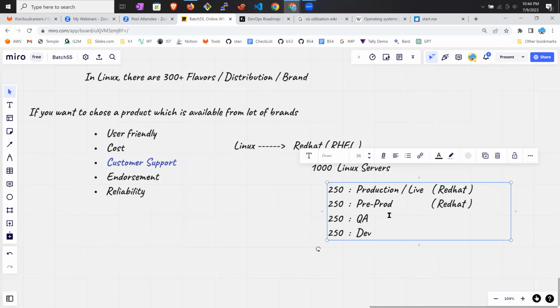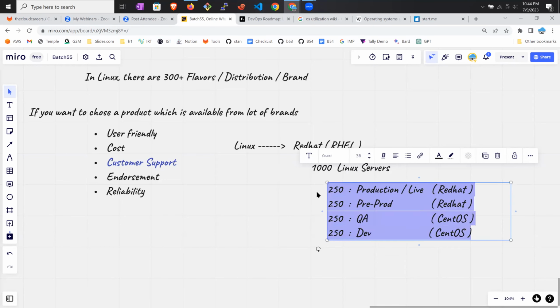Whenever you need some help, you dial in, they'll help you. But for QA and dev, they don't use Red Hat. Instead, they use something called CentOS. CentOS is a clone of Red Hat, but you don't get support. Technically, it is a 100% clone of Red Hat, the only difference is you don't get support.